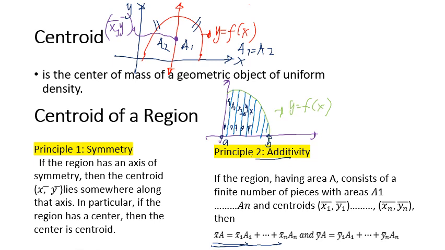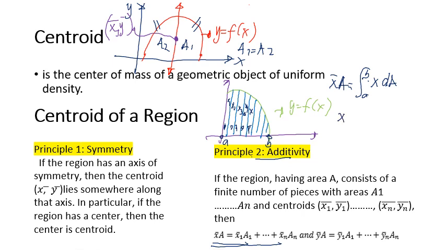You have x bar times A is equal to the integration of x times dA, from your lower limit to the upper limit.